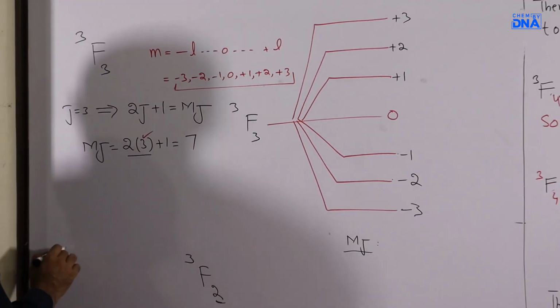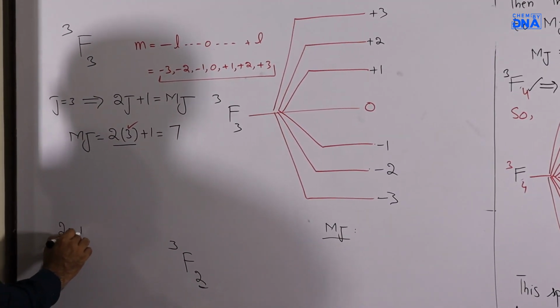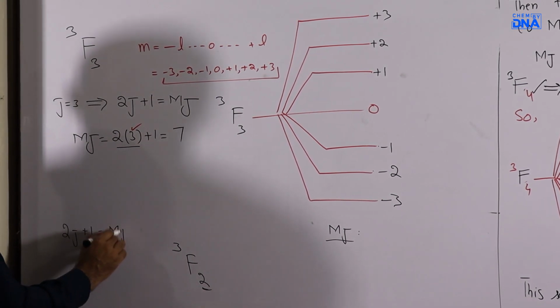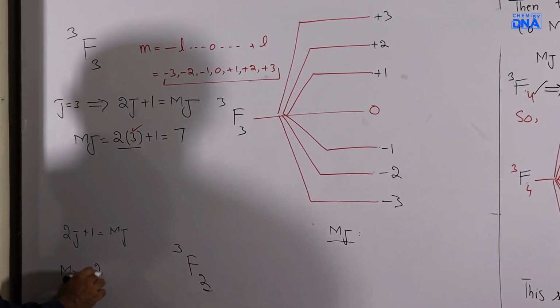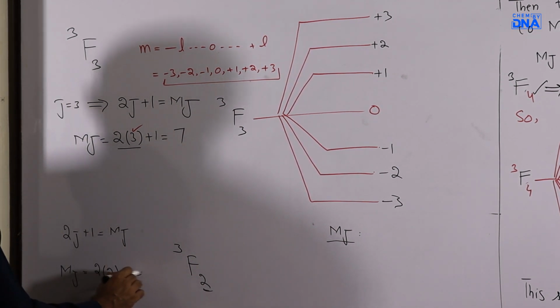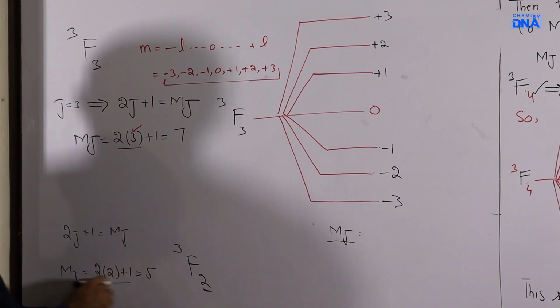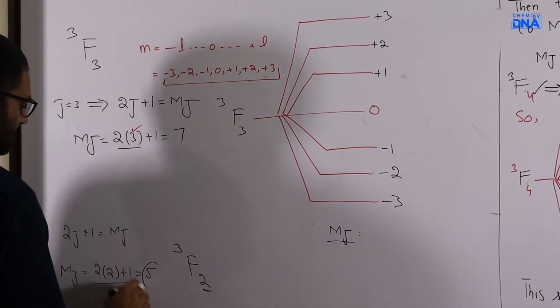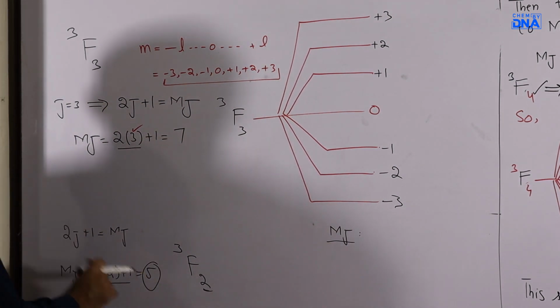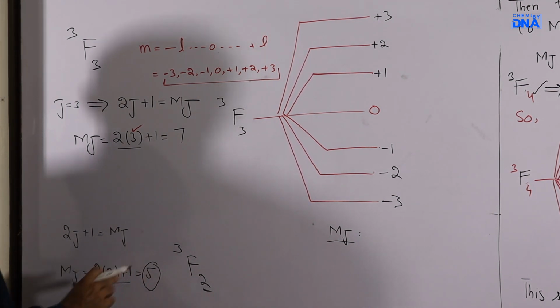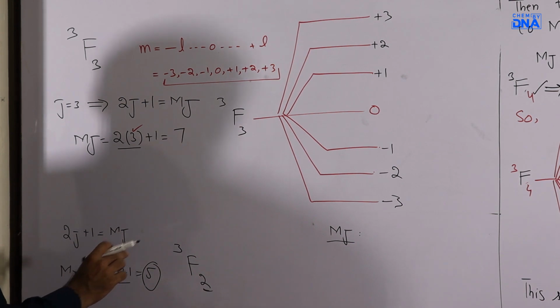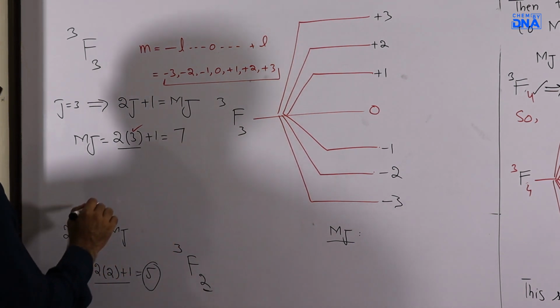Now let me take F triplet 2. Its J value is 2, then you will get Mj is equal to 2J plus 1, which is 2 into 2 plus 1, which is equal to 5. Okay, 5 split energy levels will be obtained in case of magnetic separating.